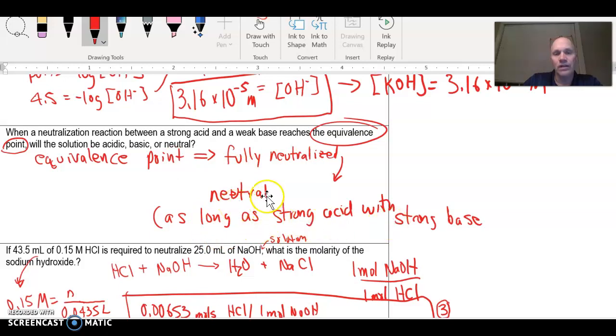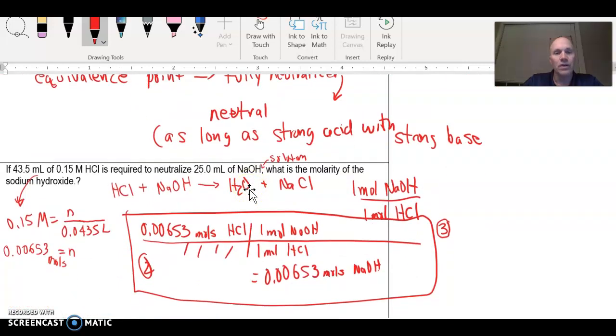So you could assume that the pH of the solution right here at the equivalence point is going to be neutral, and that's going to be true as long as you're neutralizing a strong acid with a strong base. We don't do examples of weak acids with other types of bases in this course, so for the purposes of this course, just realize that at the equivalence point, it's going to be neutral.